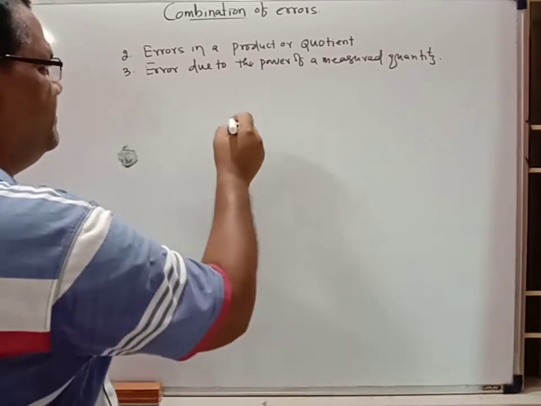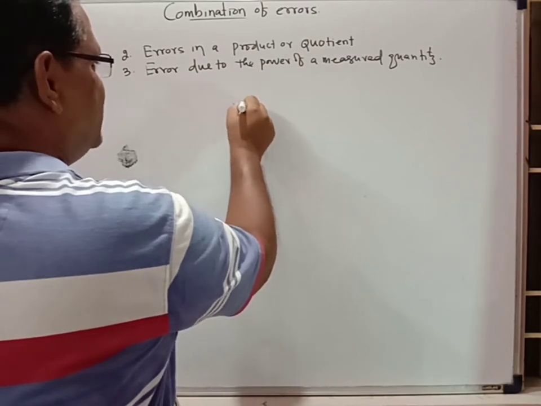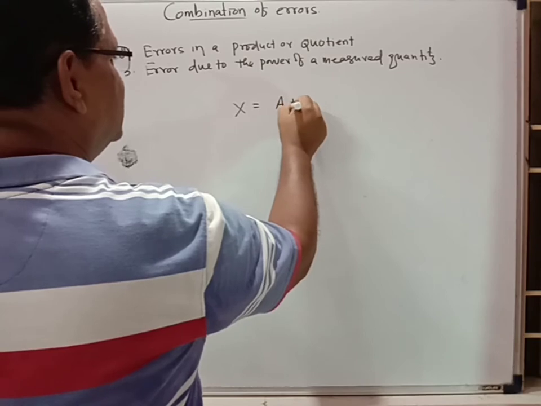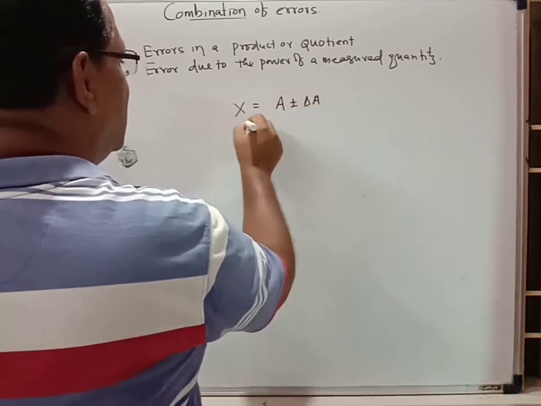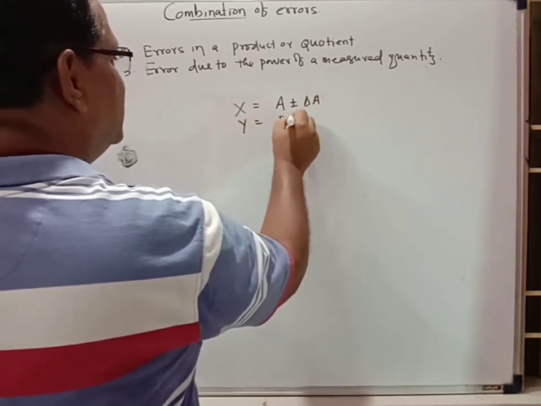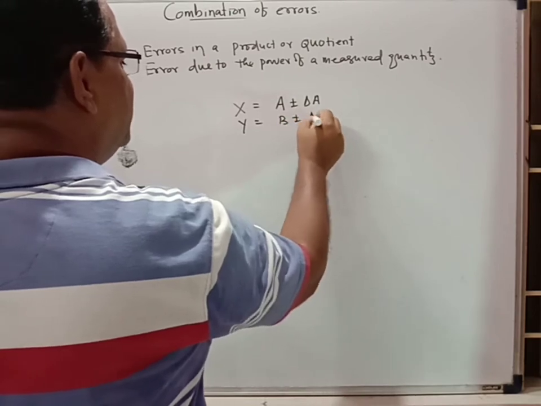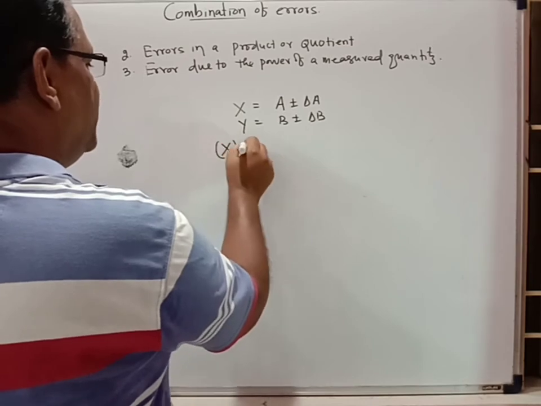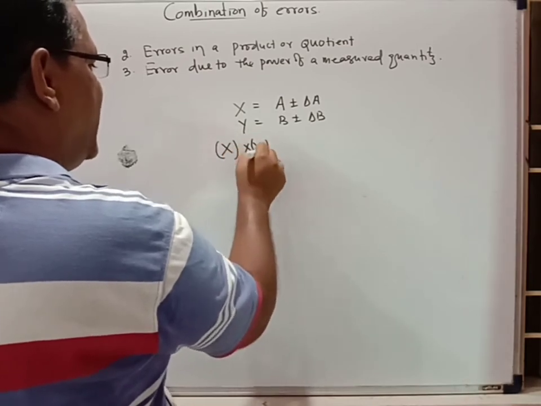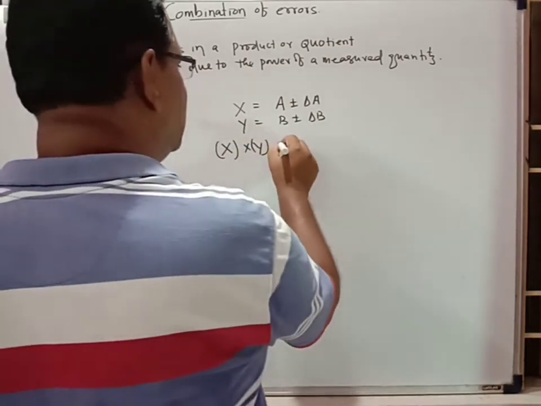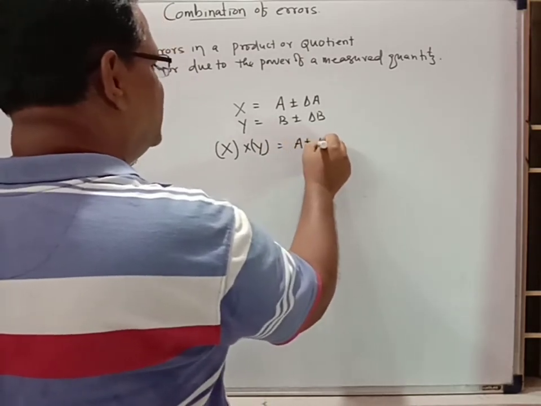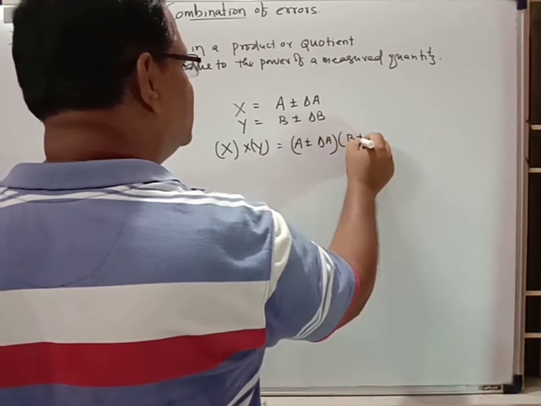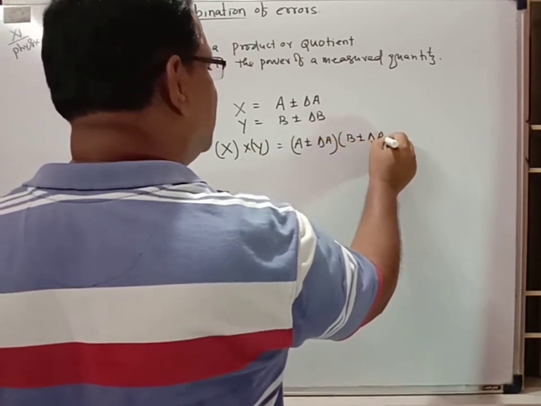Suppose x equals a plus or minus delta a, and y equals b plus or minus delta b. If you multiply x into y, what will the case be? That is a plus or minus delta a multiplied with b plus or minus delta b.